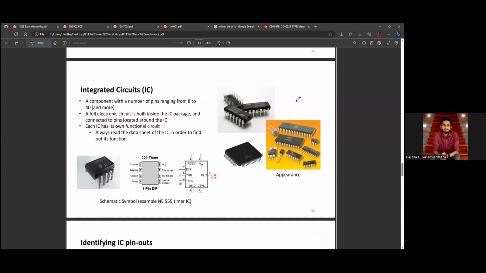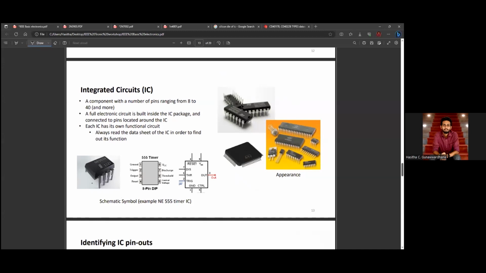So instead of making this large circuit ourselves, using the IC we can simplify and save time, space, and maybe power in most of our applications.